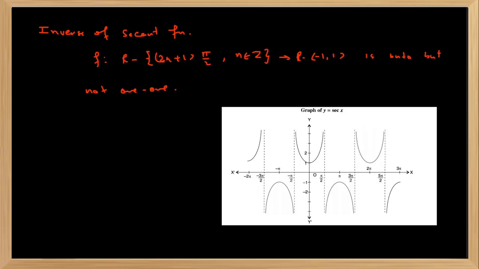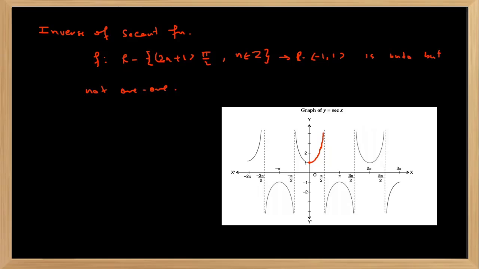But if we take the domain from 0 to pi by 2 excluding pi by 2, then to pi, we will cover the entire range. At 0 it is 1, and from 1 sec goes to infinity.